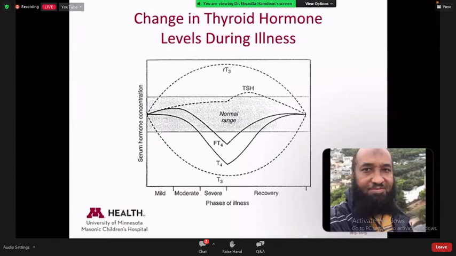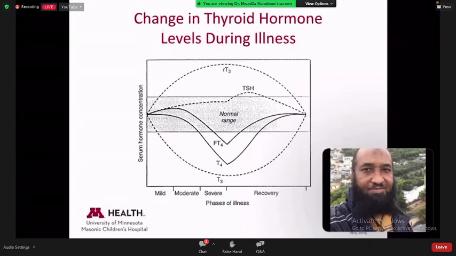The one that's very interesting is the reverse T3. That is a hormone that we measure if you suspect sick thyroid. I'm not going to go into more details. That's all I want you to know, that illnesses and severe illnesses can affect your thyroid function test. And there is a condition called sick euthyroid.